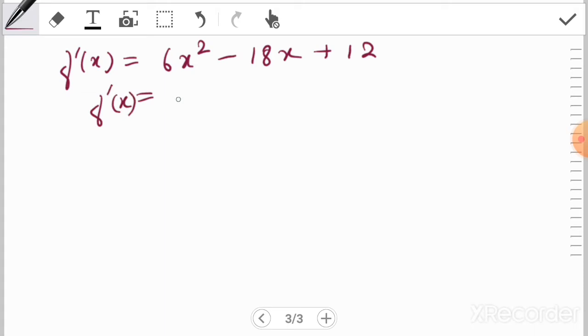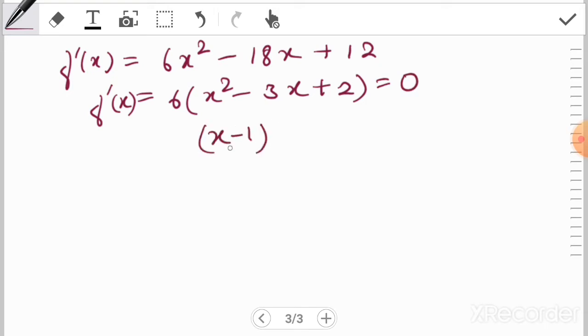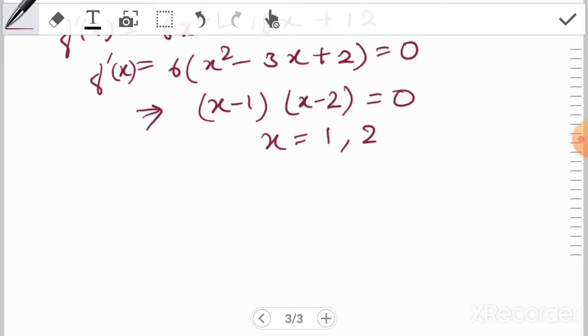So x squared minus 3x plus 2 is equal to 0. Then either x minus 1 or x minus 2 is 0. So that means either x is equal to 1 or x is equal to 2. So we have two stationary points, 1 and 2 here.